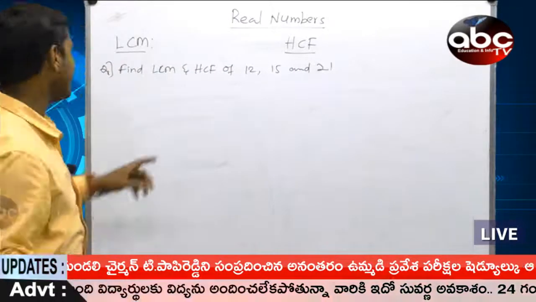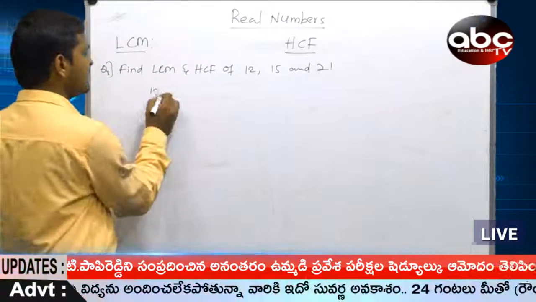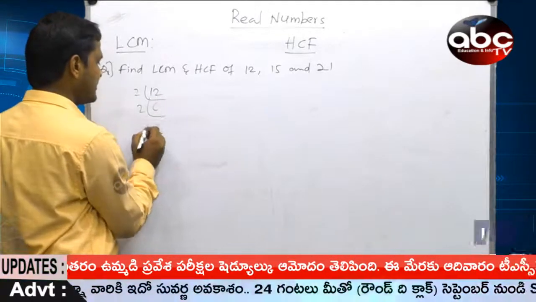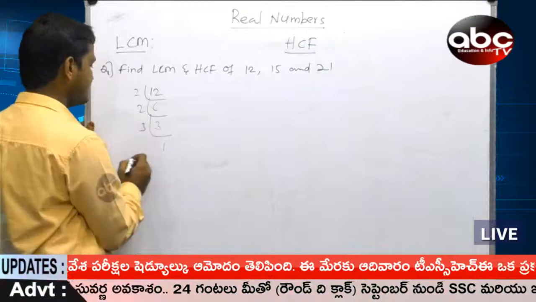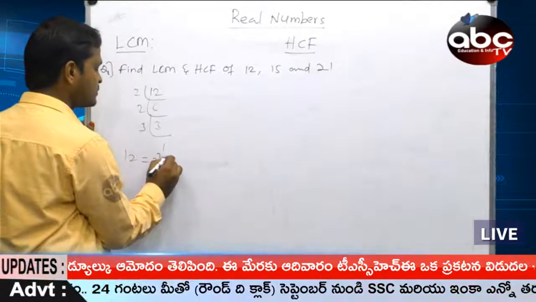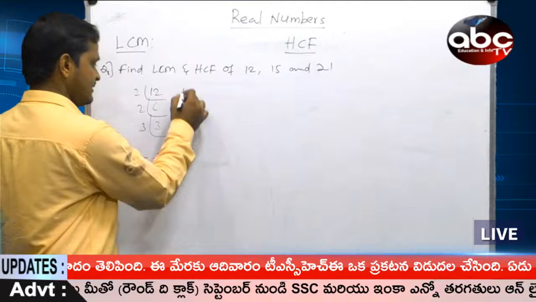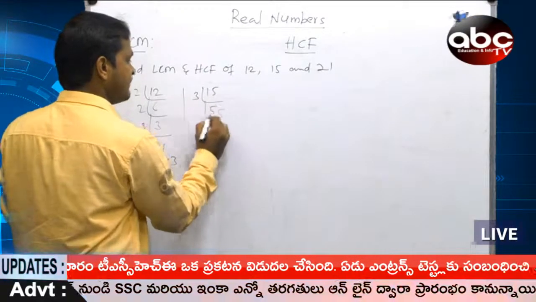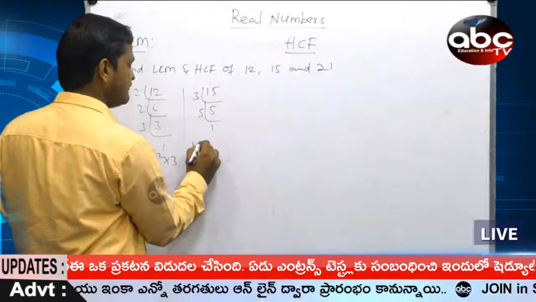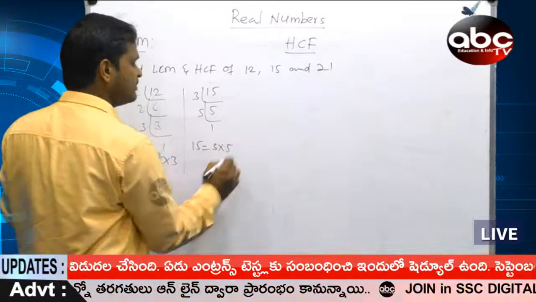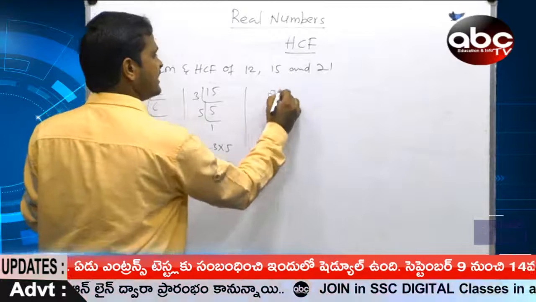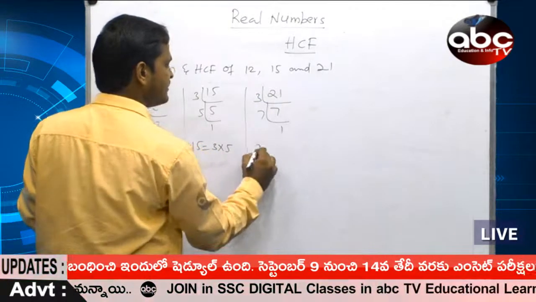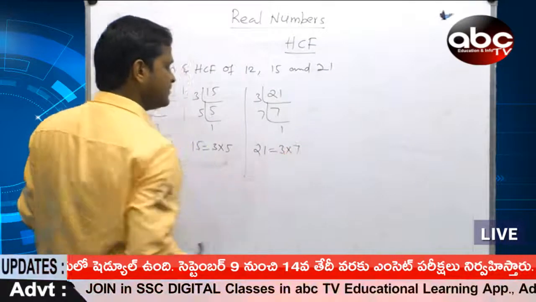By using the prime factorization method, students, 12 you already know: 2 6s, 2 3s, 3 1s, so 12 is equal to 2 square into 3. Same, 15: 3 5s, 5 1s, so 15 is equal to 3 into 5. Next 21: 3 7s, 7 1s, so 21 is equal to 3 into 7.